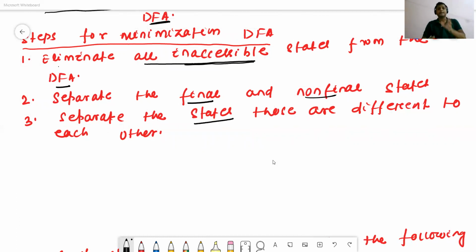Okay, eliminate all inaccessible states. What is the meaning of this?